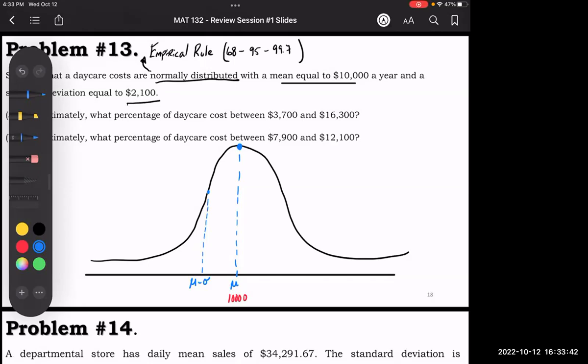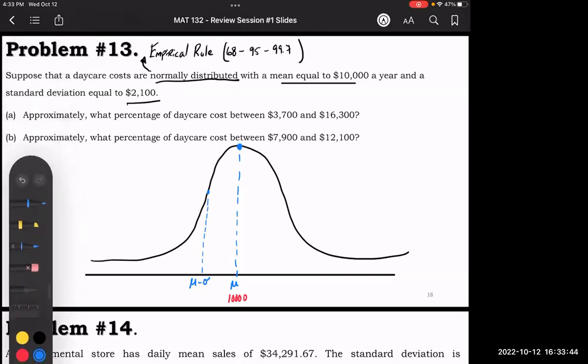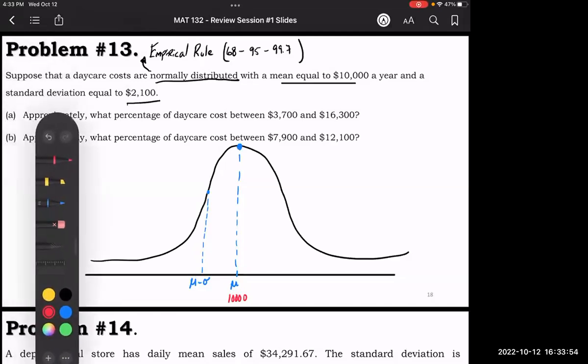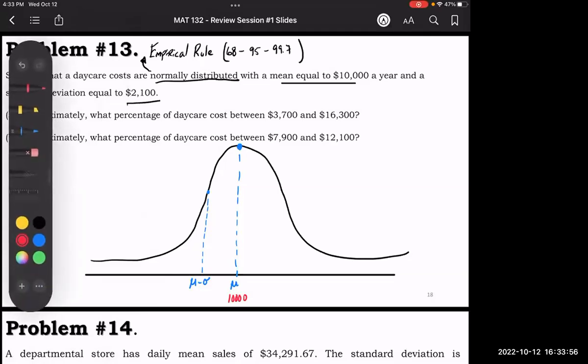So if the mean is 10,000 and the standard deviation is equal to 2,100, then what would mean minus standard deviation be? 7,900.